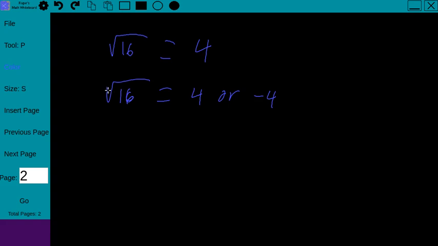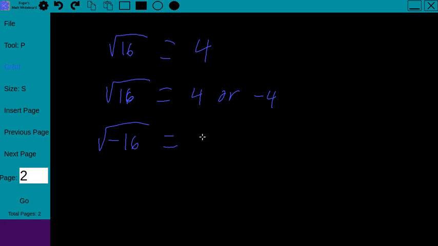Now that we know what this square root symbol is actually asking us, let's think more deeply about putting a negative value inside a square root. Let's say I asked you for the square root of negative 16. What would that be? I've seen a lot of students do this, and I probably did it at first.